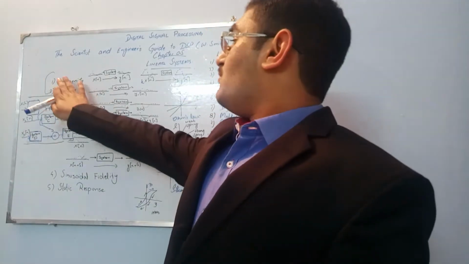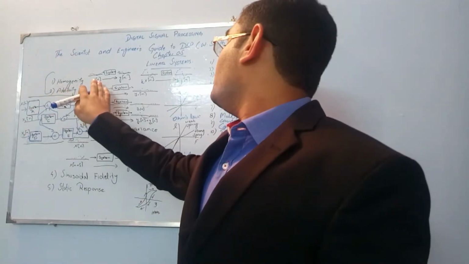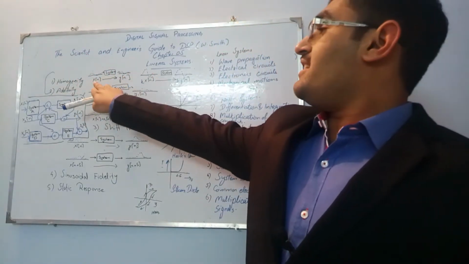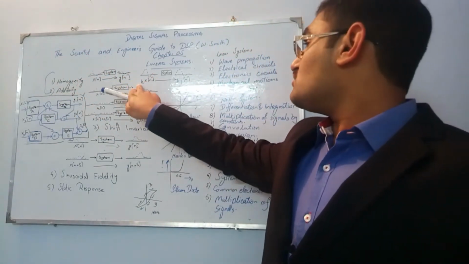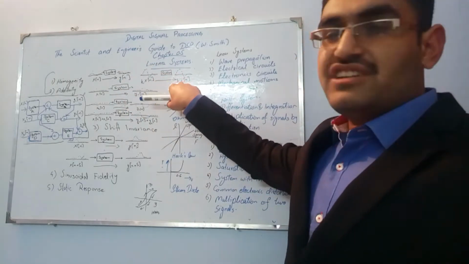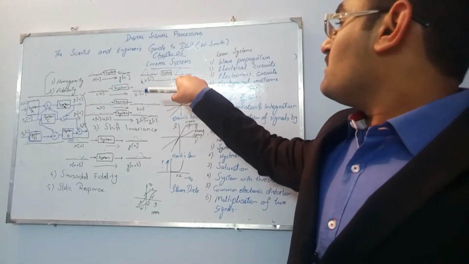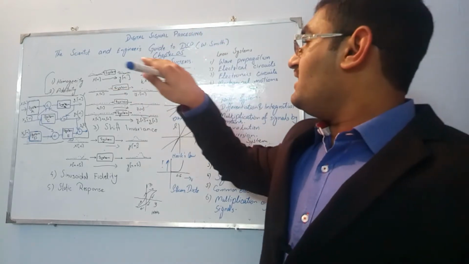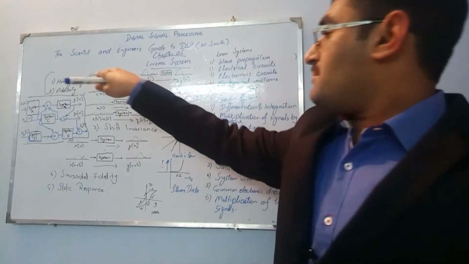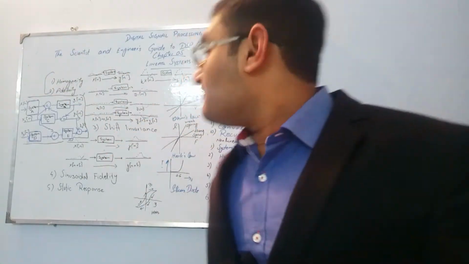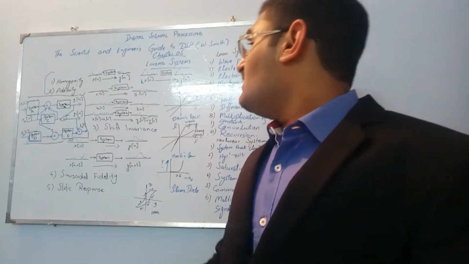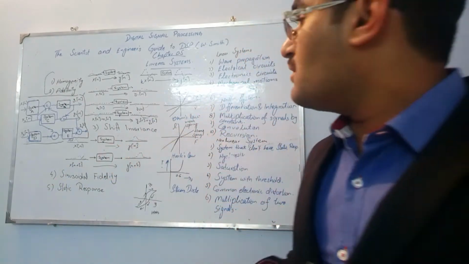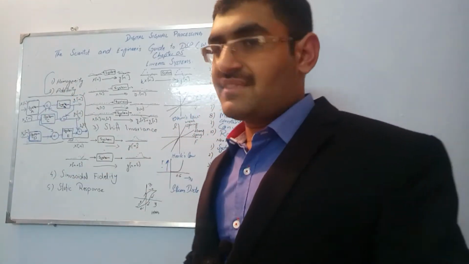So what is homogeneity? When we multiply the input signal by a constant and that constant is multiplied at the output, then this property or concept is known as homogeneity. The other property in the superposition theorem is additivity.